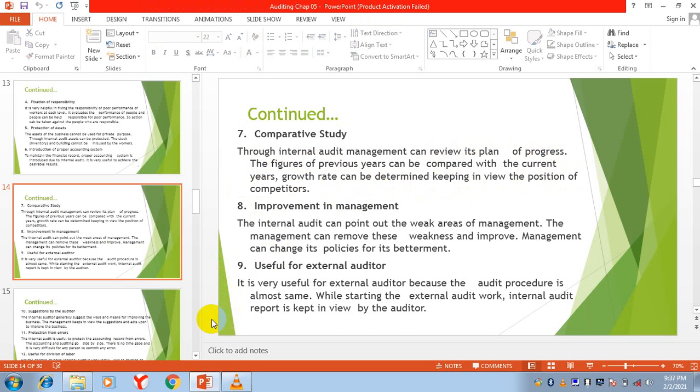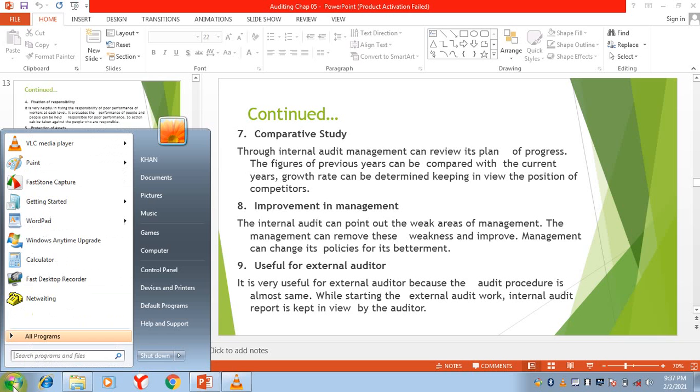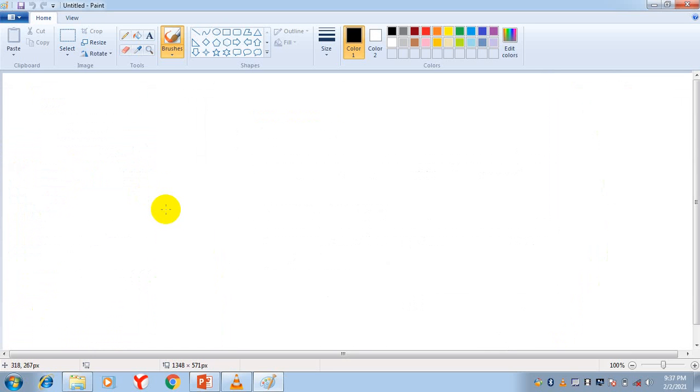Now, in internal audit or internal check, you can compare your performance with your past performance, just like you people studied horizontal analysis. If you remember, in business finance, you study this horizontal analysis. I'm writing shortly.